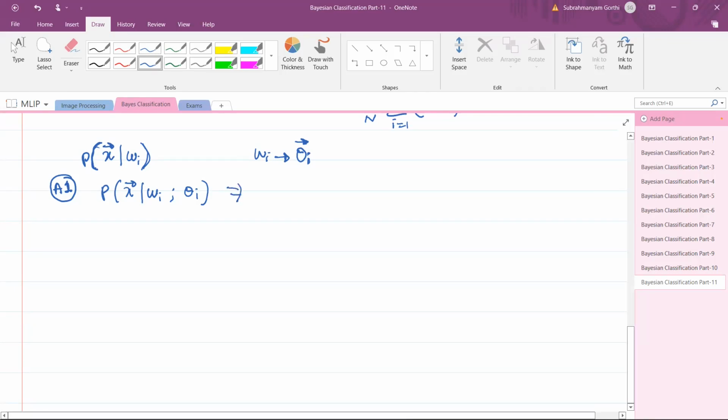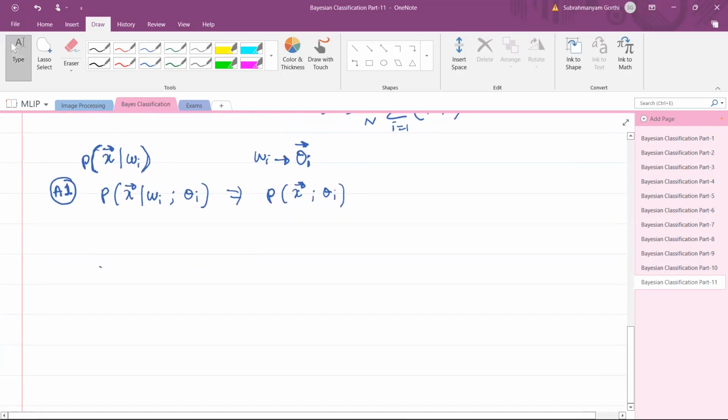Then I would rewrite this as the probability of x bar given theta I. Hope I am clear. You don't have to worry about the samples of the other class and the parameters estimated from those samples. That's my first assumption here.